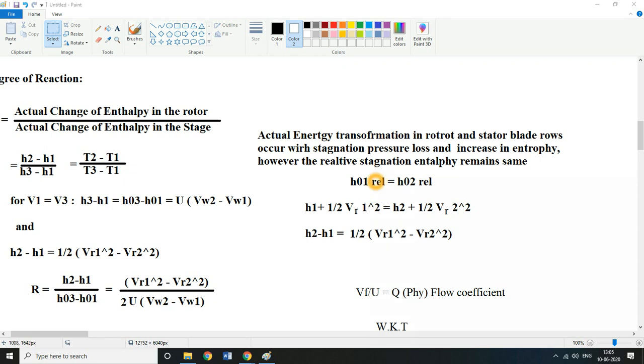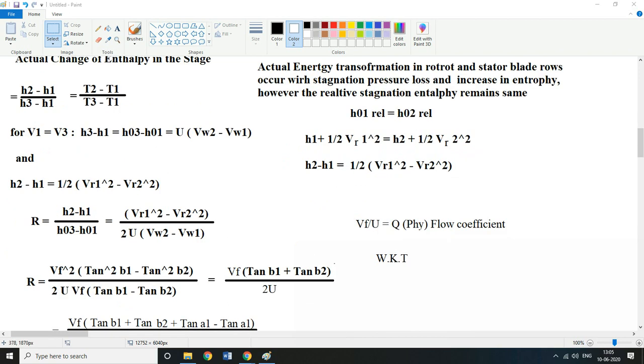So with that assumption, H1 plus half VR1 square is equal to H2 plus half VR2 square. Taking this substitution, we can write H2 minus H1 is equal to half of VR1 square minus VR2 square.